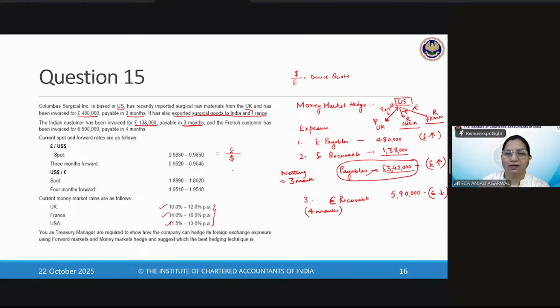We are given this one. Payables means ask rate is applicable. Okay. So we want the direct quote ask rate. And we want the forward. For hedging, what is applicable? Forward. So what is the rate applicable? 342.